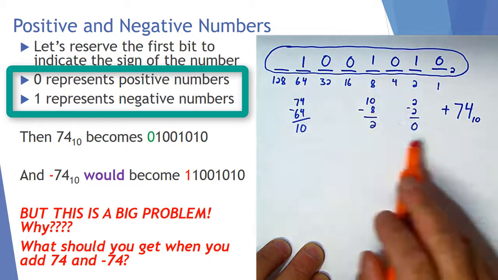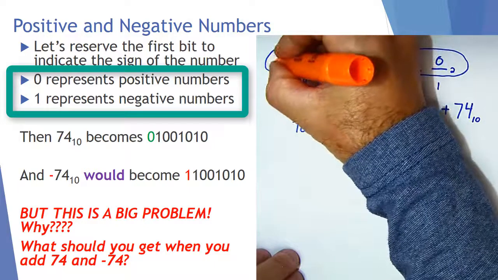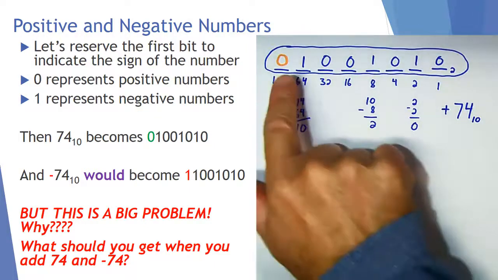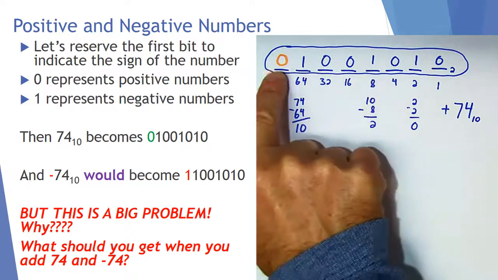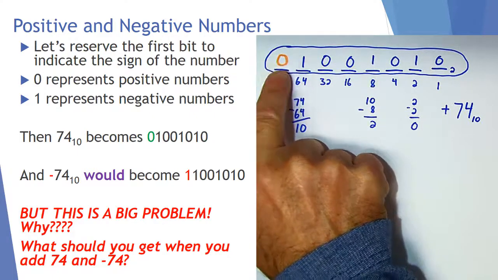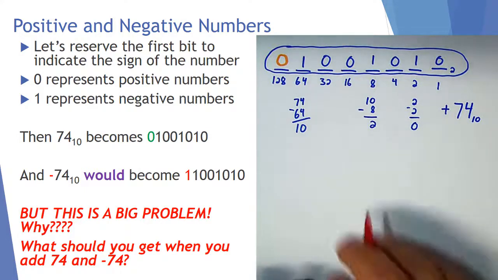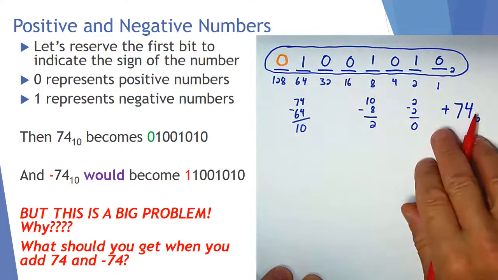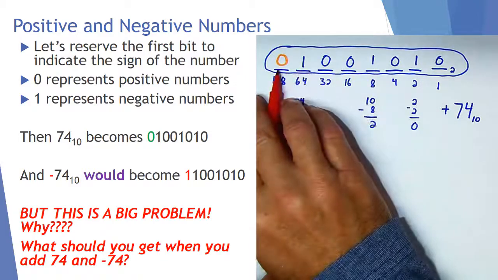Now the number we just converted was positive 74, and so that means we should make this a 0. In fact, this is the number 74 represented in binary, and we know that it's positive because the leading digit is 0. Here's the problem. If we wanted to represent negative 74, you would think that we would leave these 7 digits the same, but change this to a 1.